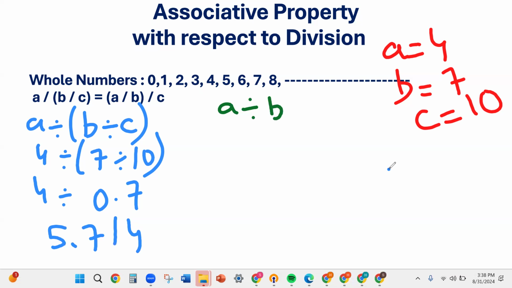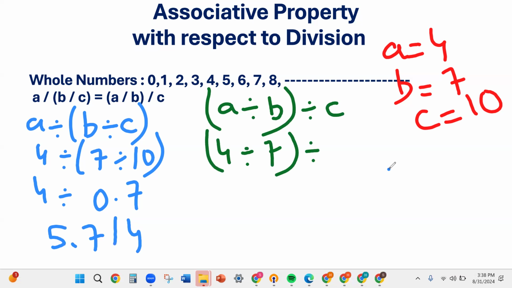A divided by B divided by C. The value of A is 4 and B is 7 and the value of C is 10. You have to solve the bracket first. 4 divided by 7 is 0.5714.